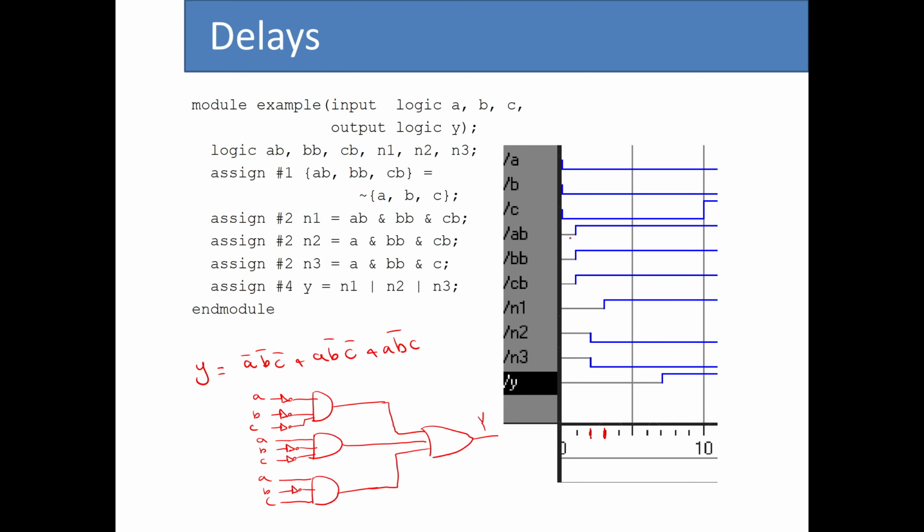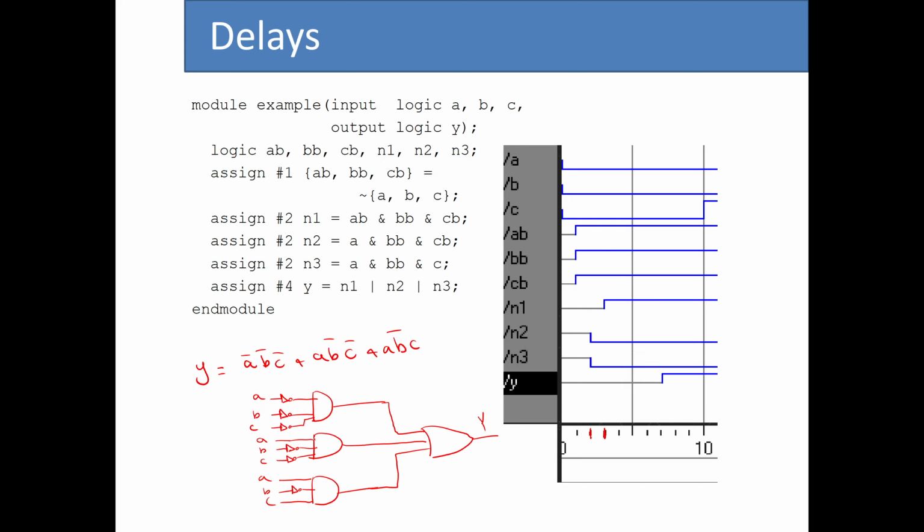So for the first AND gate, A bar, B bar, and C bar are going to be calculated, which means that A, B, and C need to go through this delay for their value to be calculated as input of this AND gate. When A, B, and C are all 0, these 3 are going to be 1, and the output is going to be 1. But you don't have to do the same for N2 and N3.